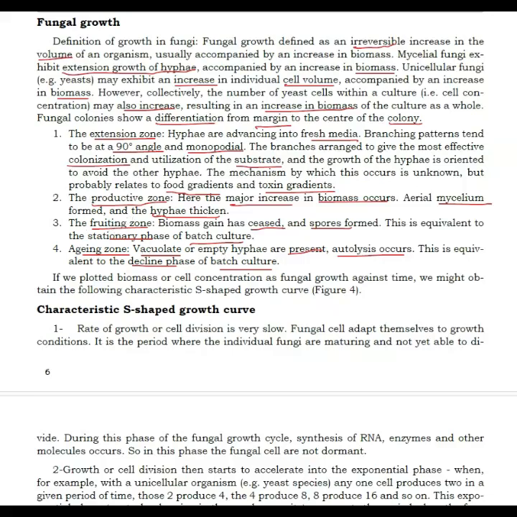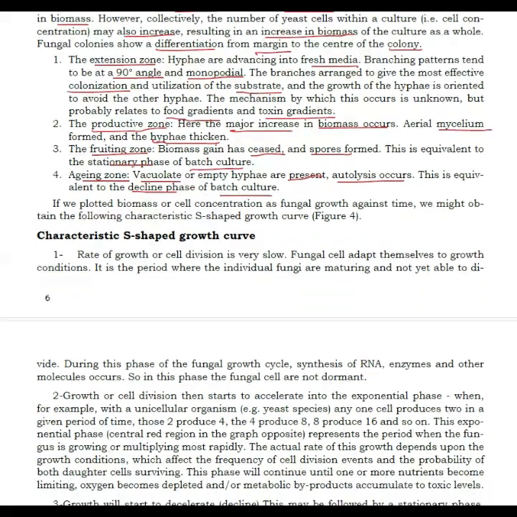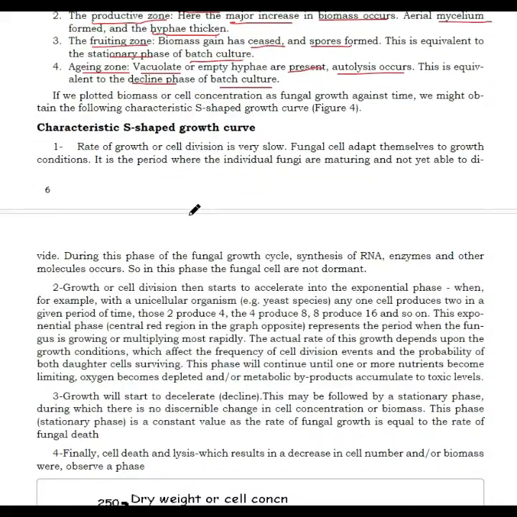So what is the characteristic of the S-shaped growth curve in the case of fungi? The rate of growth or cell division is very low. The fungi are adapting to growth conditions. It is the period where the individual fungi are maturing and not yet able to divide.